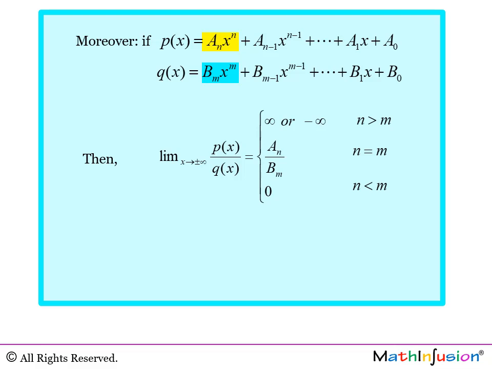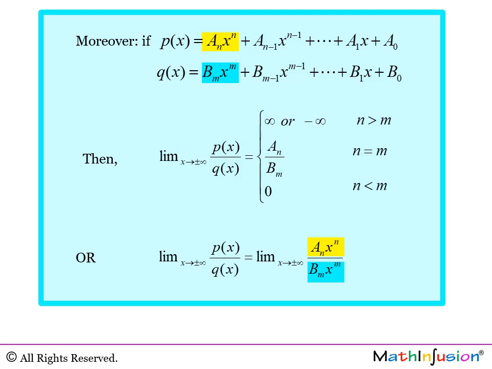So this gives me a better answer for the case for which both p and q have the same degree. But even more, and this is really useful, if you want to find the limit of a rational function p over q when x approaches plus or minus infinity, then the limit is exactly the same limit as if you take the limit as x approaches plus minus infinity of only a_n x^n over b_m x^m, which means that you can only take the highest degrees here.